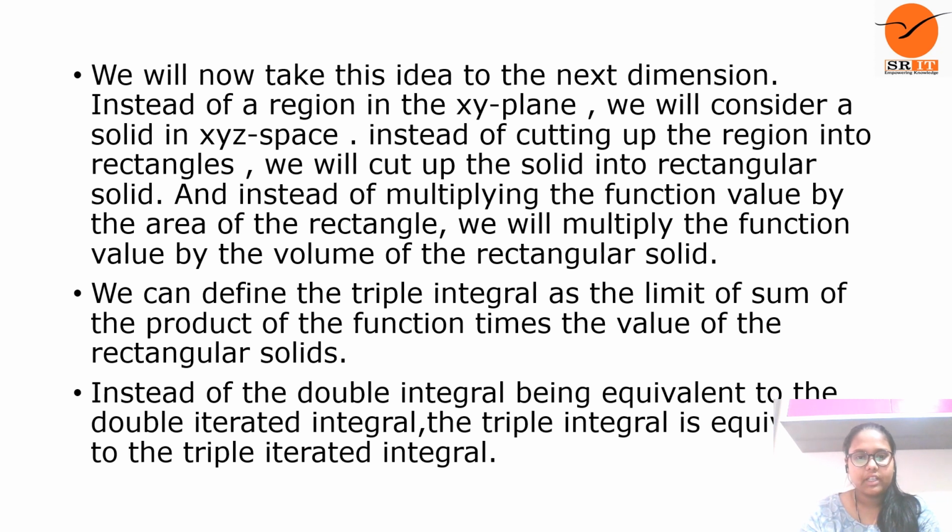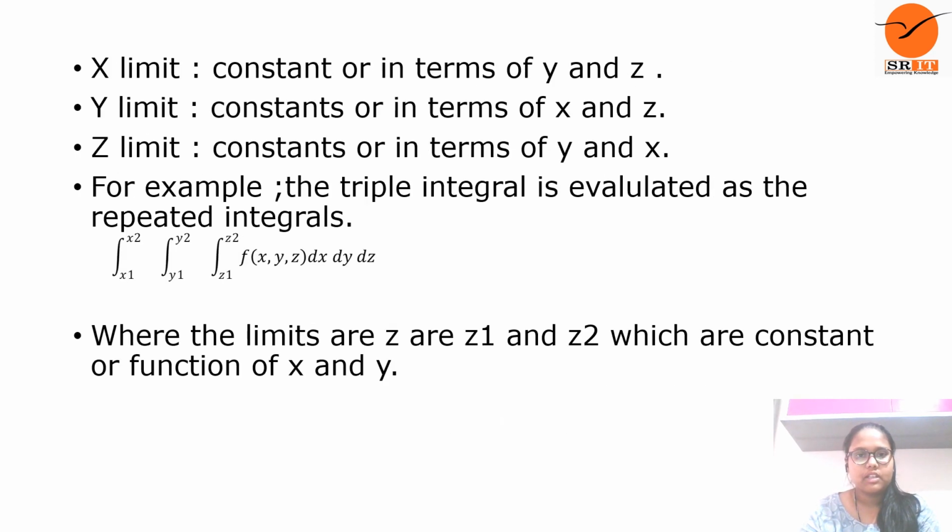Instead of the double integral being equivalent to the double repeated integral, the triple integral is equivalent to the triple repeated integral. Here the x limits are constants or in terms of y and z, y limits are constants or in terms of x and z, z limits are constants or in terms of x and y.